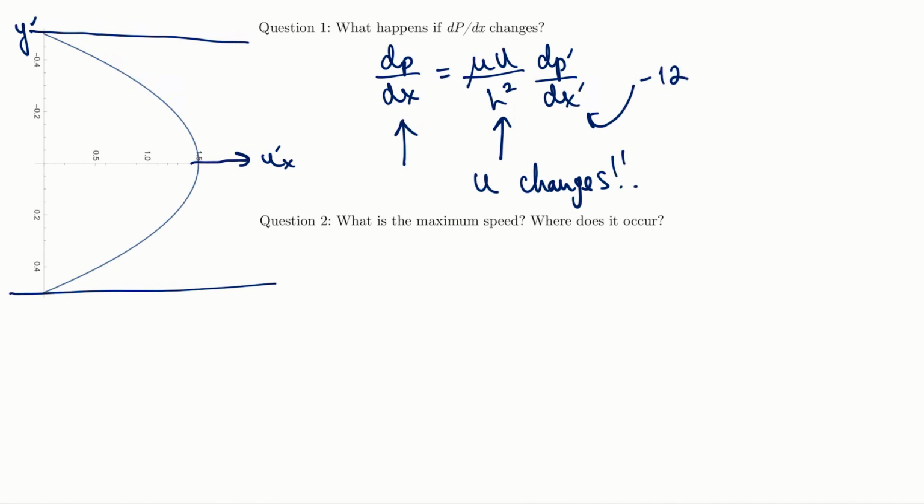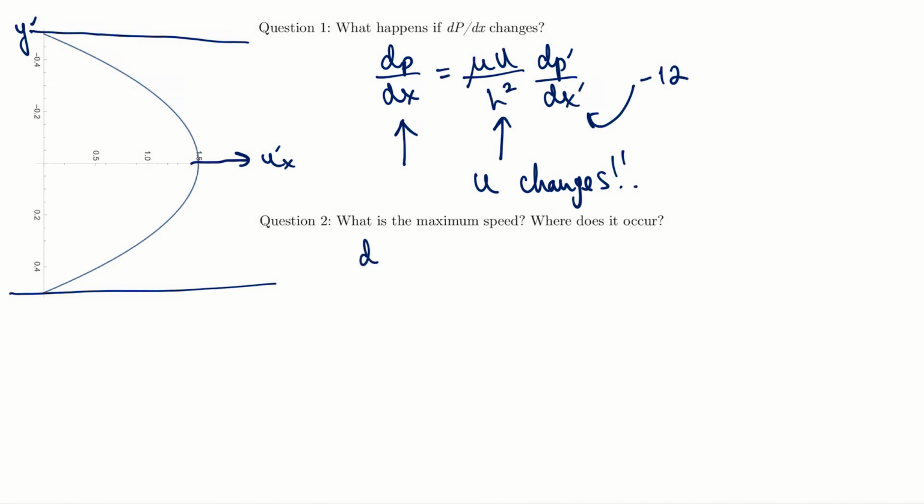Second question, just to make sure we really understand this: what's the maximum speed and where does it occur? Again, we have the velocity profile, and once we have the velocity profile, we have an amazing amount of information.